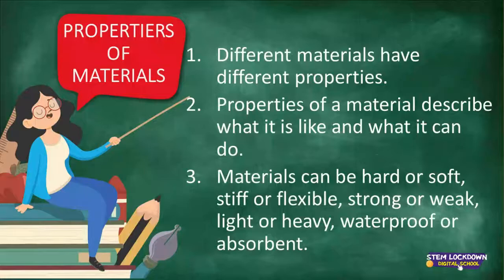Number two, properties of material describe what it is like and what it can do. Suppose you want to build a house, and then you have to choose a material based on the properties. It will depend on where you are going to build your house.